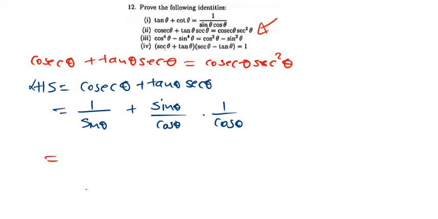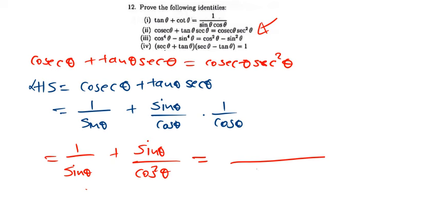Let's see what happens. So if we look at this part, we can still multiply. We end up with 1 over sine of theta for the first part, and then plus sine theta over cosine squared of theta. Okay, let's try to come up with a common denominator. That would be sine theta and then cosine squared of theta.